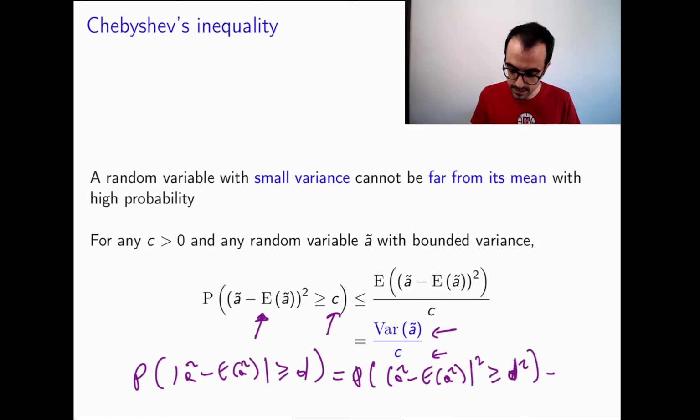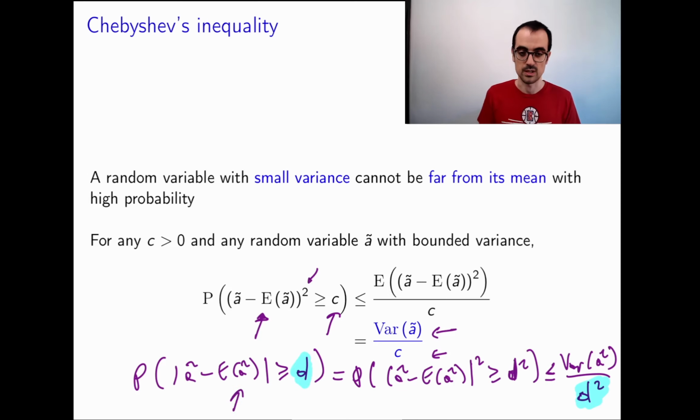This is just bounded by the variance of a divided by d squared. So if in some of the subsequent slides you see a constant here and a constant squared here, that's just because we're considering the absolute value as opposed to the square. I hope I didn't make that more confusing than it needed to be, but just in case you're wondering in some of the subsequent slides.